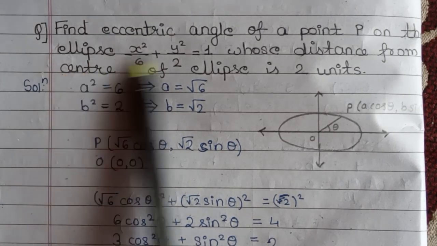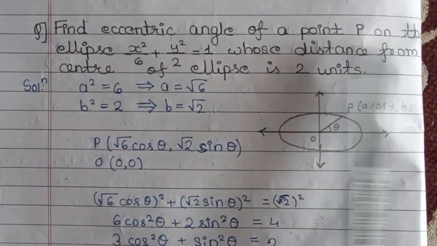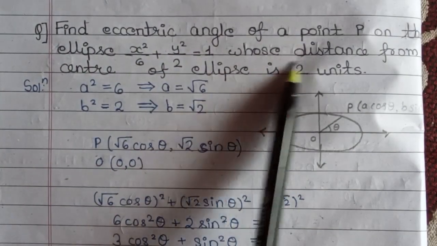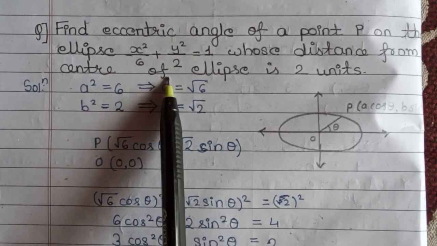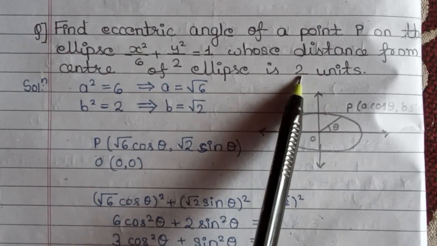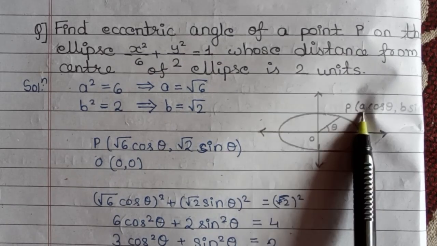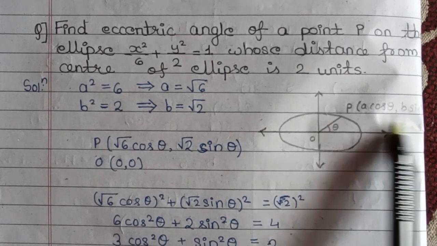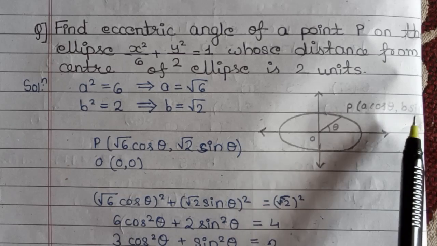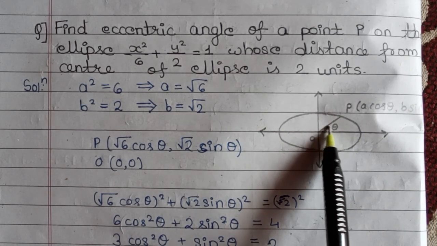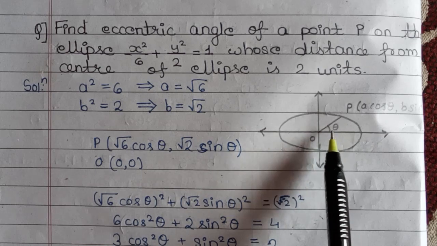Next is to find the eccentric angle of a point P on the ellipse x square by 6 plus y square by 2 is equal to 1, whose distance from the center of ellipse is 2 units. So there is an ellipse, there is a point which has coordinate a cos theta comma b sin theta, a parametric point, and you know the eccentric angle, this angle theta which it makes from the x-axis.